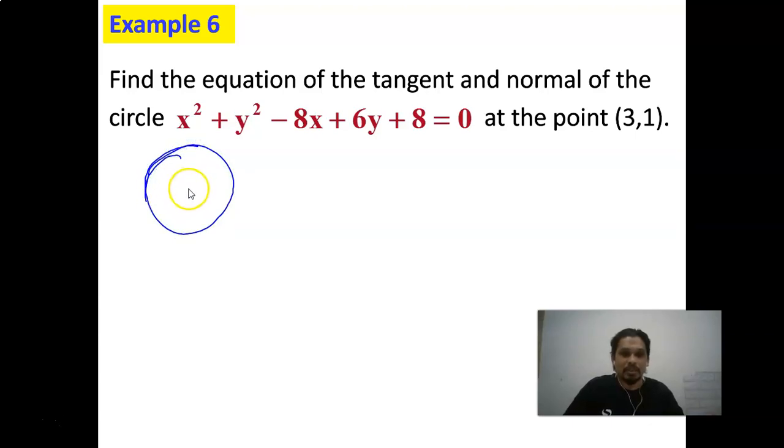There is the center of the circle and the coordinates of this point here.